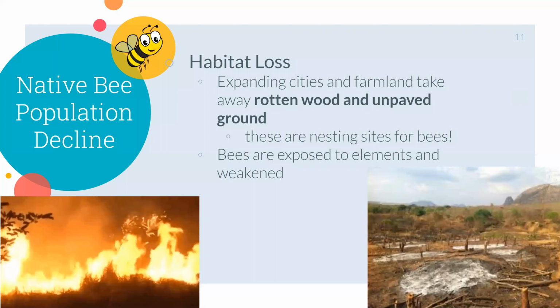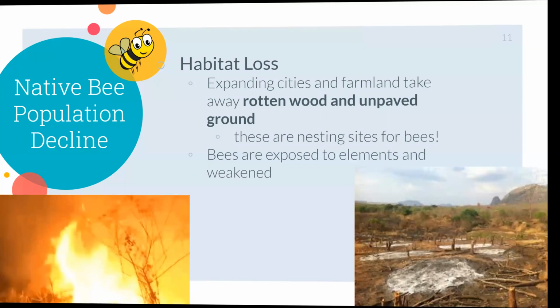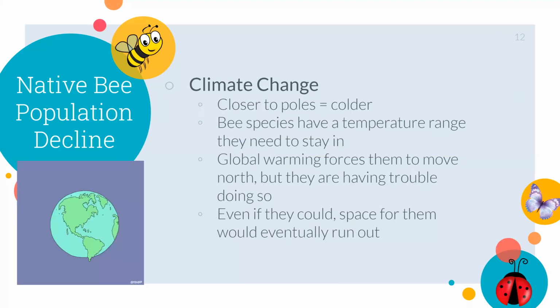So the second cause that's specific to native bees is climate change. It's a little bit complicated because it affects the native bee decline in two different ways. Climate change, also known as global warming, is causing the Earth to be warmer than normal.